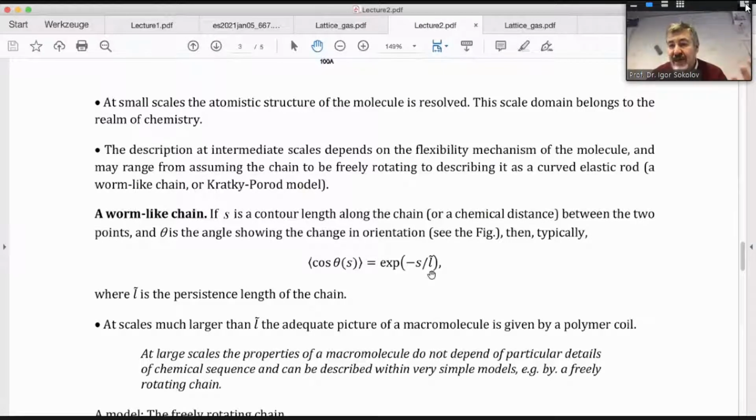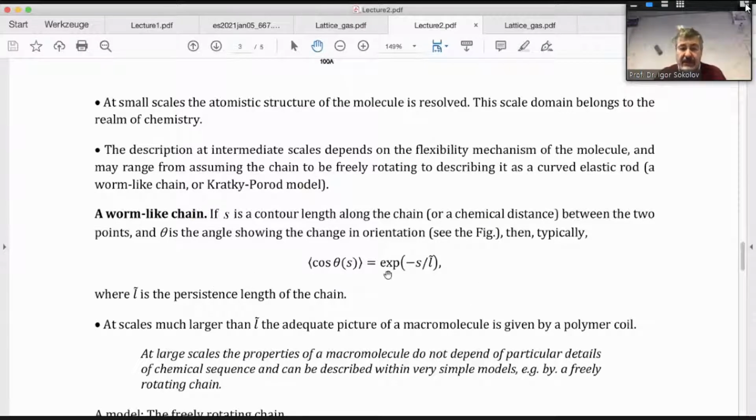Cosine is between -1 and 1, and on the average it will be 0. So it decays to 0. At the beginning, the angle is 0 and its cosine is 1. So it starts from 1, and then the further you go along the chain, the smaller is this mean value.